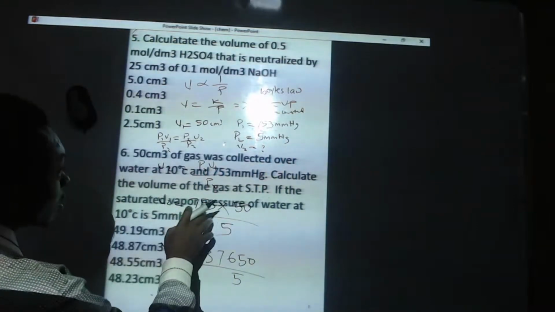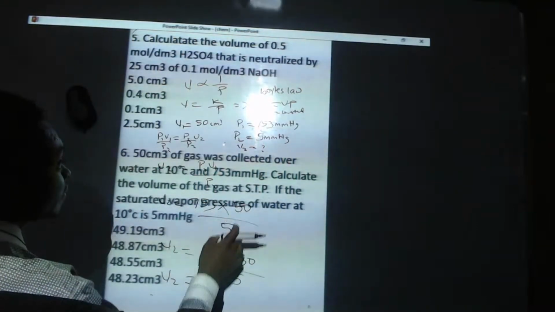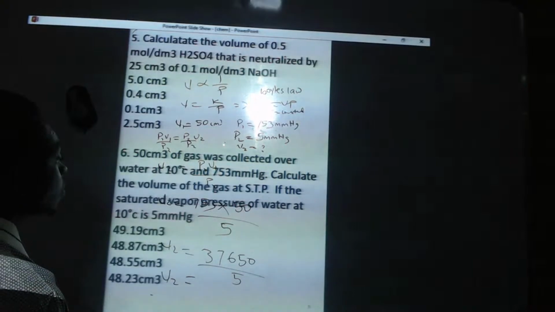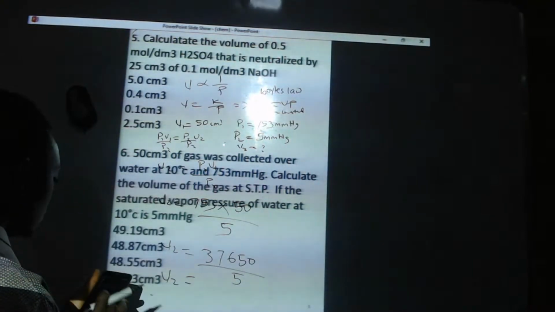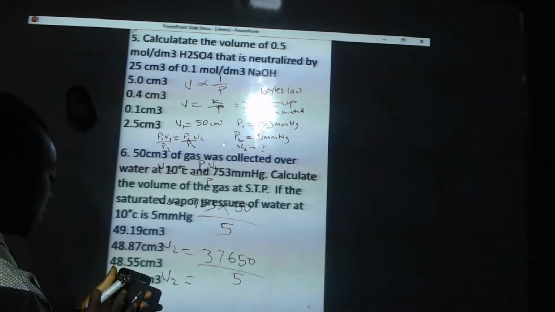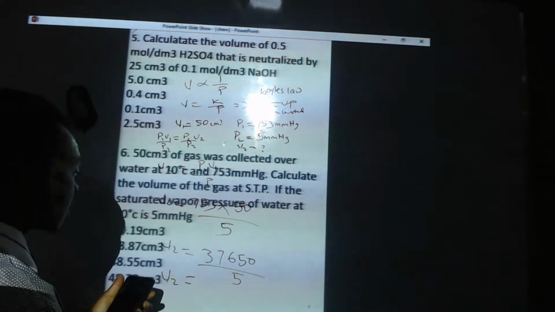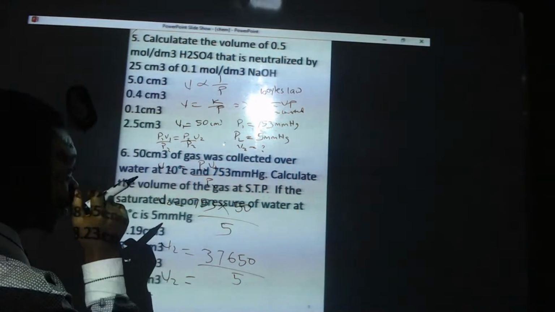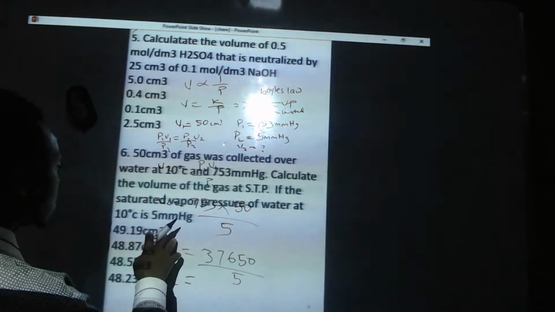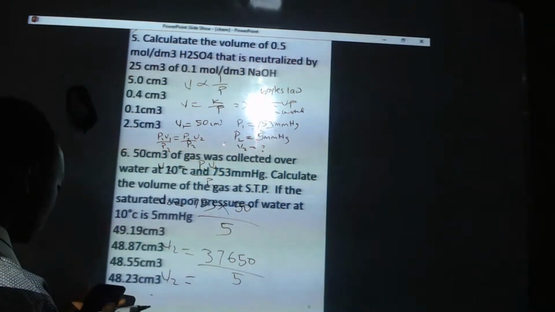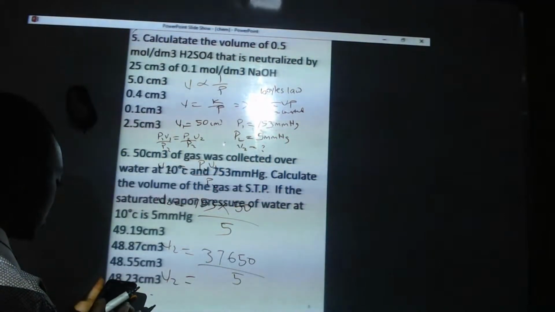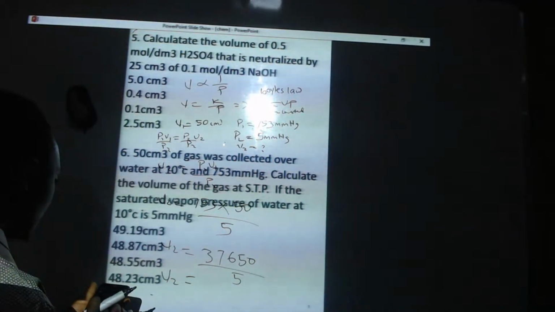So it's the P1, which is 753, multiplied by 50. We get 37,650. Now your second pressure was 5, so you now divide by 5.